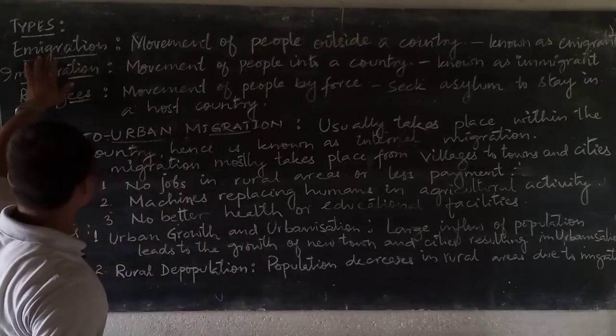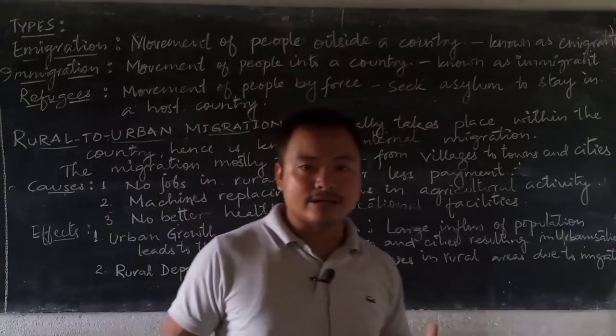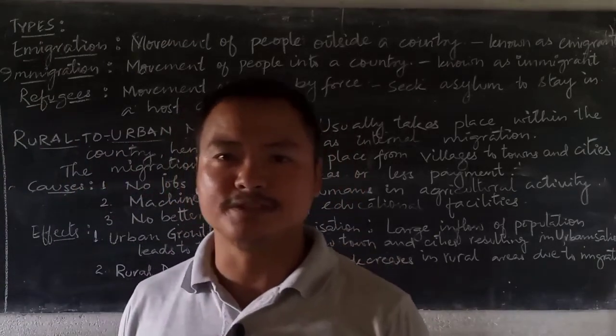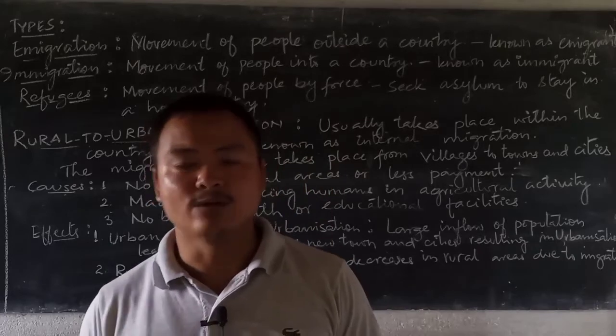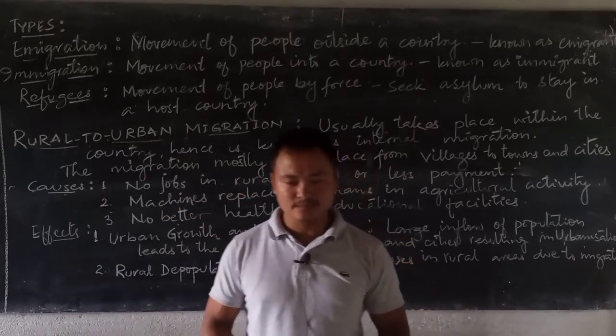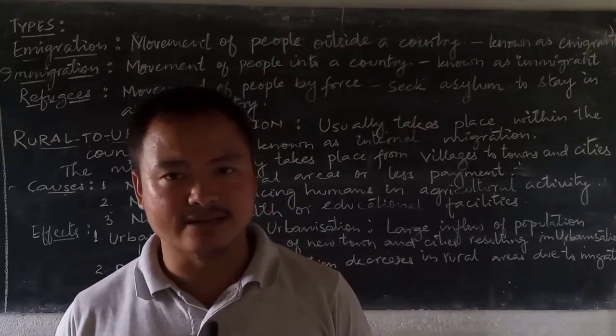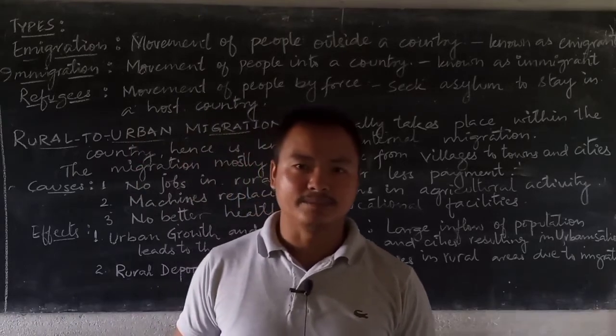We can see emigration, immigration and refugees. Emigration is a movement of people out of the country, and whoever moves out of the country is known as an emigrant, while people who move into a country are known as immigrants and the movement is known as immigration.